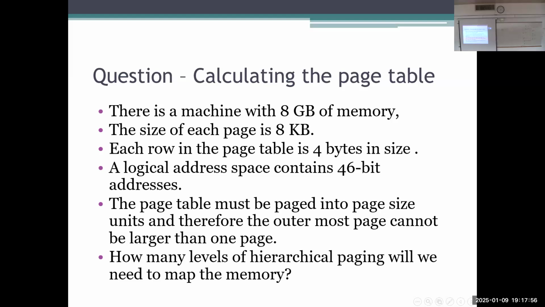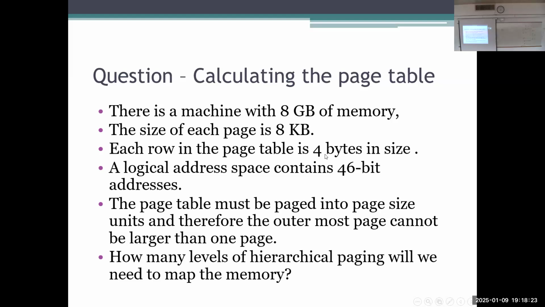It's really 2 to the 20th, which is a mega. So there's a mega page, it's got mega pages. It's really 2 to the 20th pages, 1 megapage, which is a little bit more than a million pages.